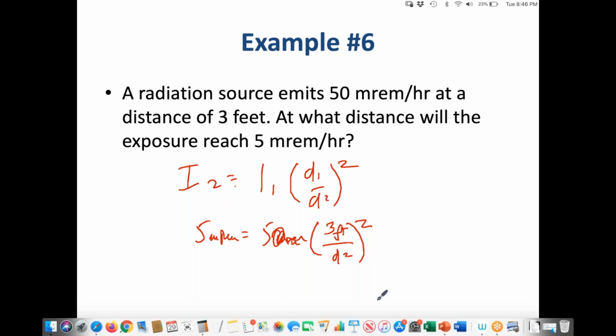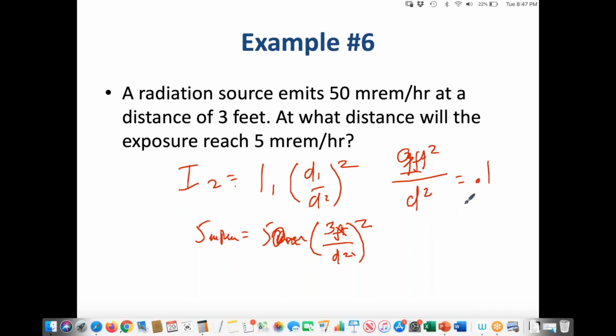Okay, let's figure this out. So let's see. Feet squared is going to cancel with feet squared. So 9 feet squared over d squared is equal to 0.1.